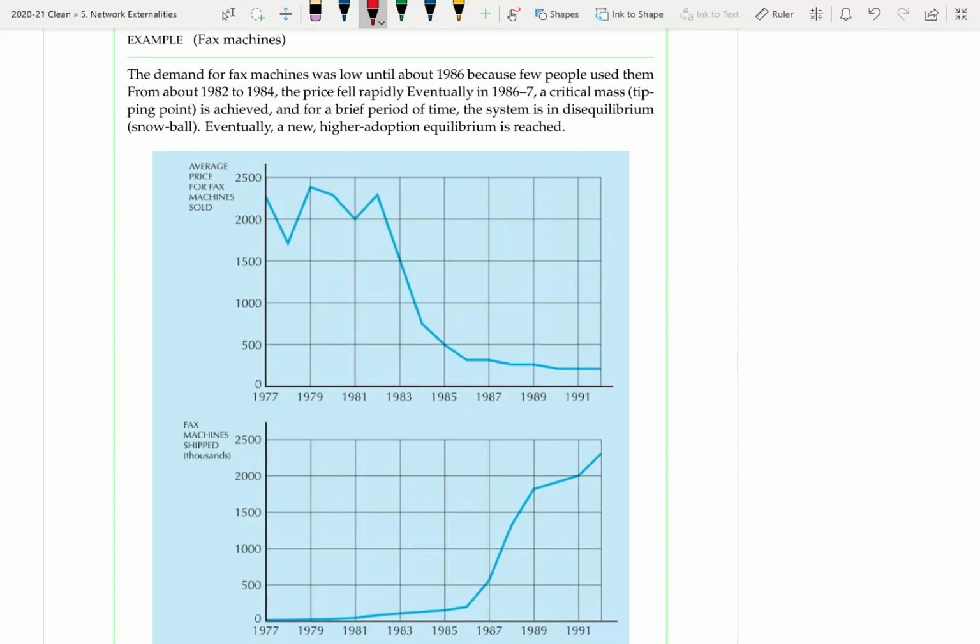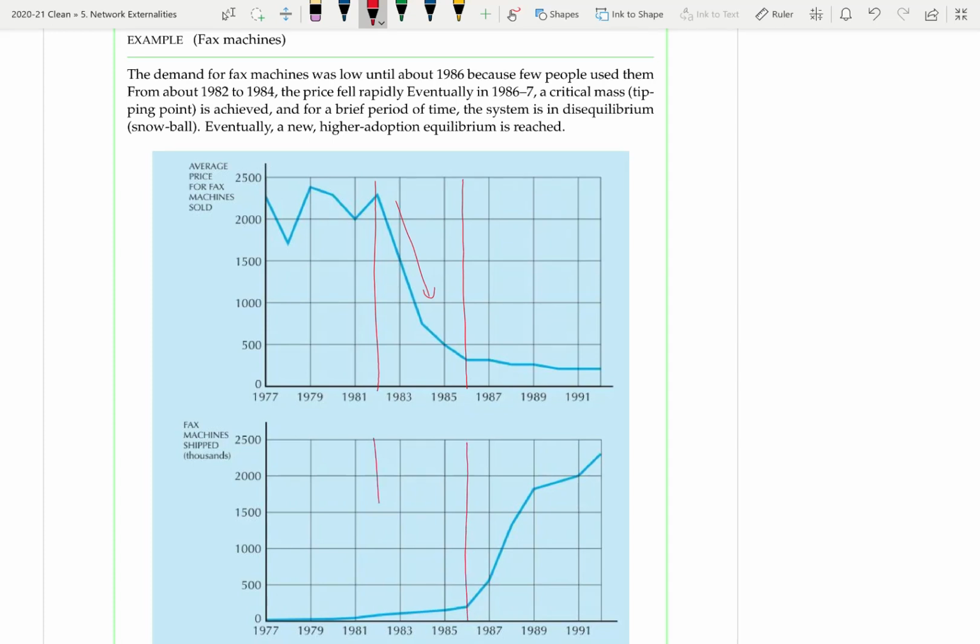We can see in the top diagram that the price for fax machines was quite high until about 1982. And then after that point there's a rapid decrease in the price, and the price then levels out at about 1986.